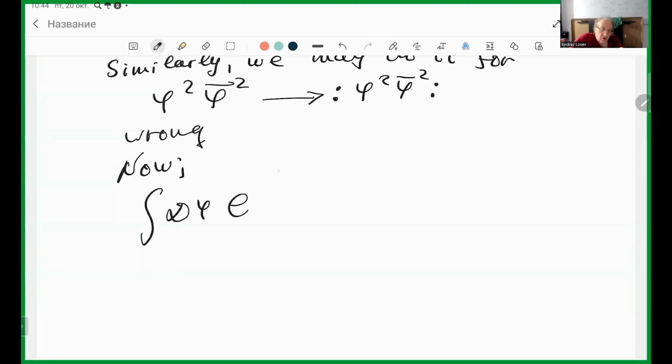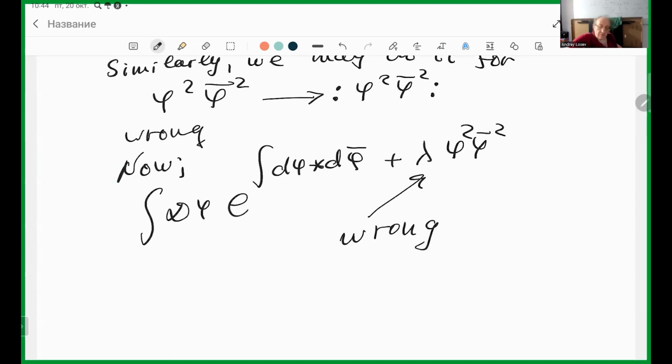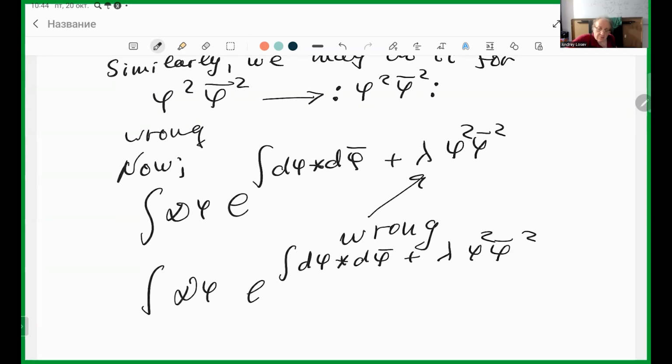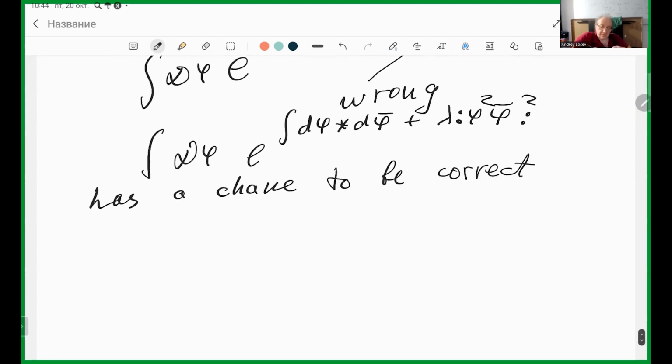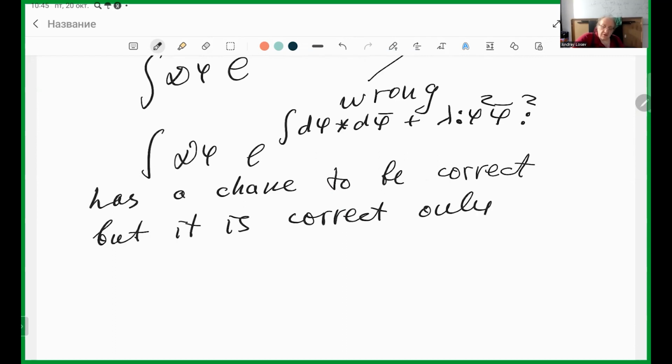Now, the integral d phi e to the d phi has a chance to be correct, but it is correct only in first order in lambda.